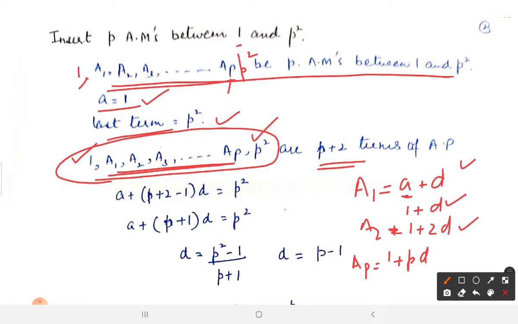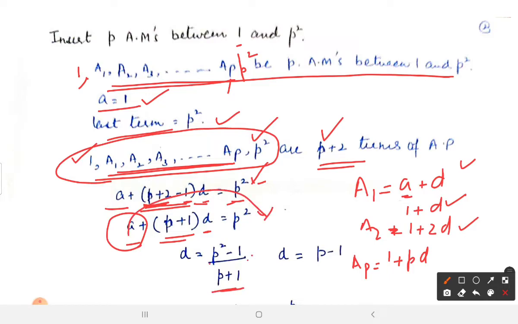So we have the last term as A plus (n minus 1) times D. Here the number of terms n is P plus 2. So we have A plus (P plus 2 minus 1)D is equal to the last term, which is P square. So we have A plus (P plus 1)D. A is 1, so put here 1. So D is P square minus 1 upon P plus 1.